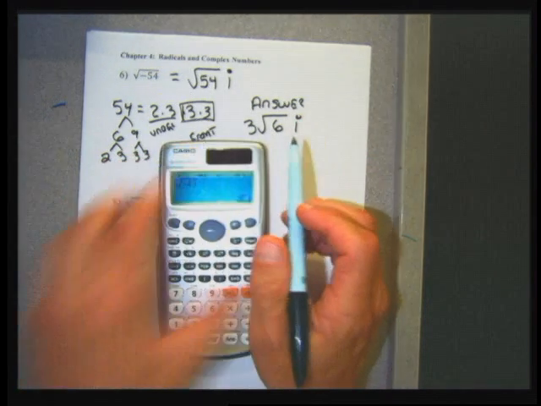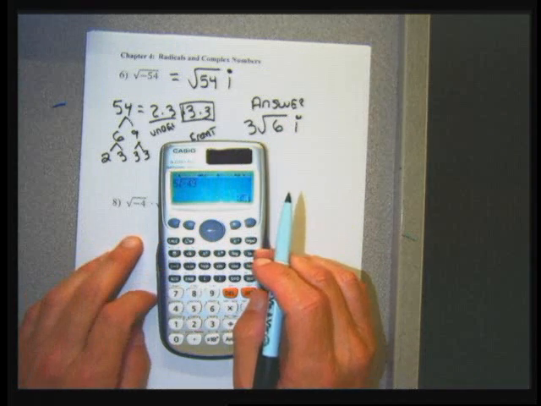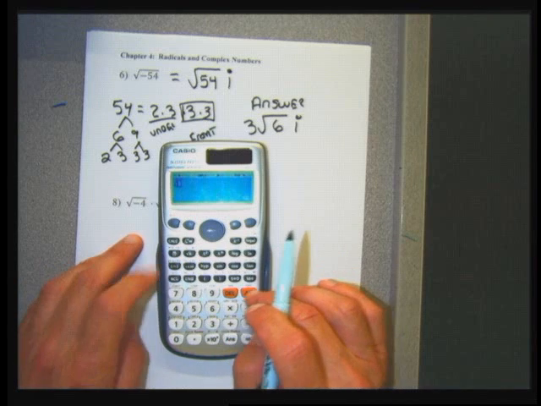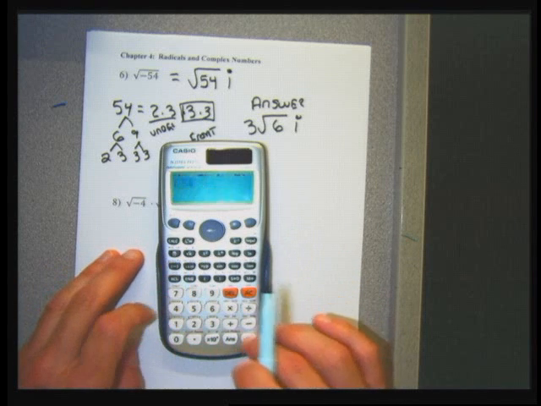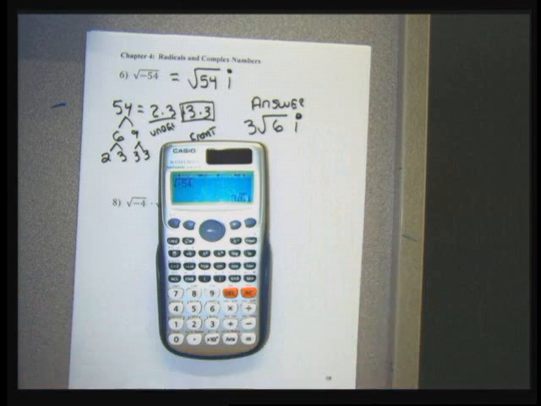I don't care at all if you would have just done this problem by going square root on your calculator, clear, square root, negative 54, and I just copy 3 square root of 6 i. As long as the i isn't under the square root, that's correct.